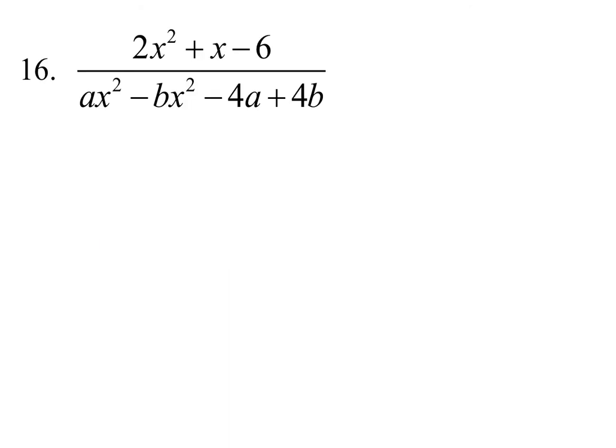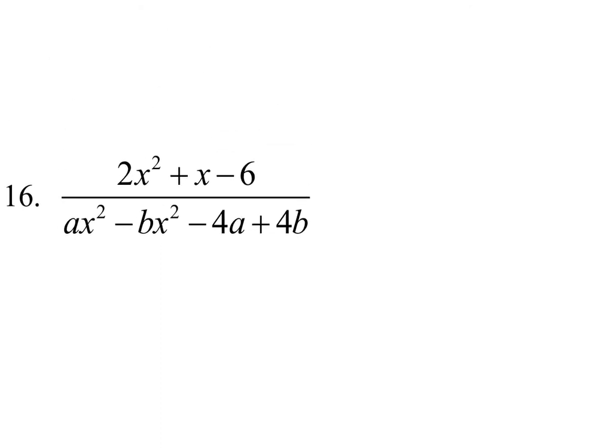On number 16, I'm going to look to factor that numerator and the denominator. So the numerator, we're going to use that AC method on this trinomial. We're looking for the two things that multiply to give us -12. So if you're multiplying to get a negative, your signs are different.